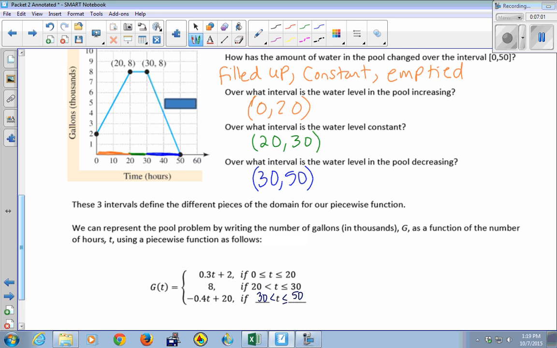But you can see that this line and this line share this point. It's a closed circle on both of them. So technically, I could put an or equal to here and here. It's just kind of bad grammar because they're two different formulas.